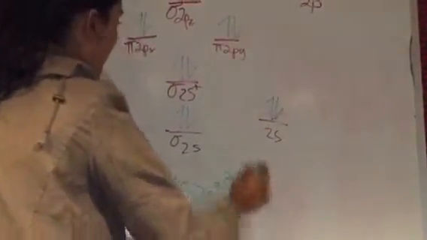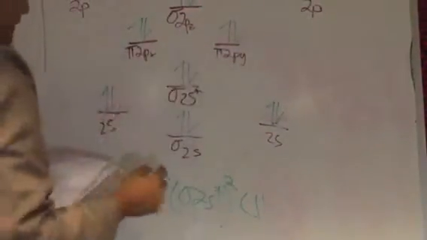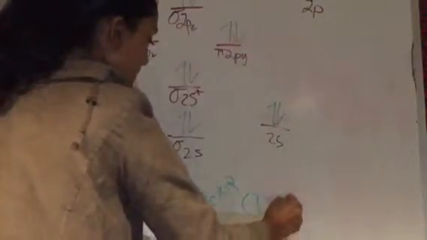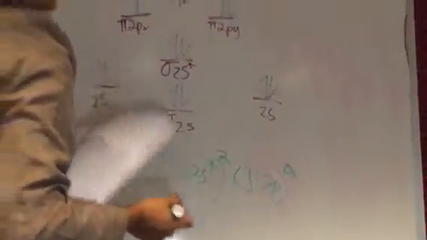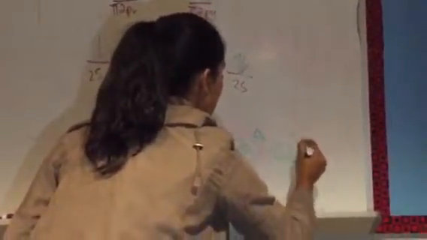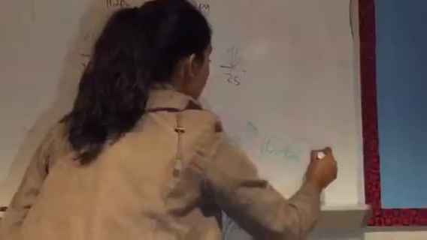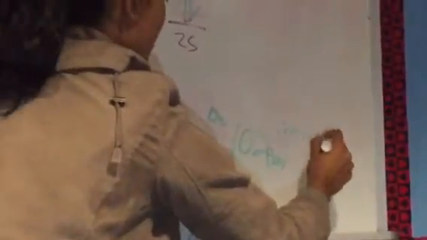And then I'm going to combine these 2 orbitals in the pi 2p with 4 valence electrons, and then sigma 2pz with 2 valence electrons, and finally our last one is pi antibonding 2px with only 1 valence electron. And that is your electron configuration.